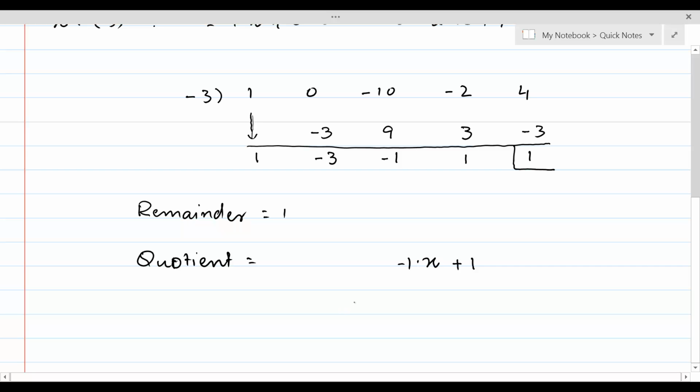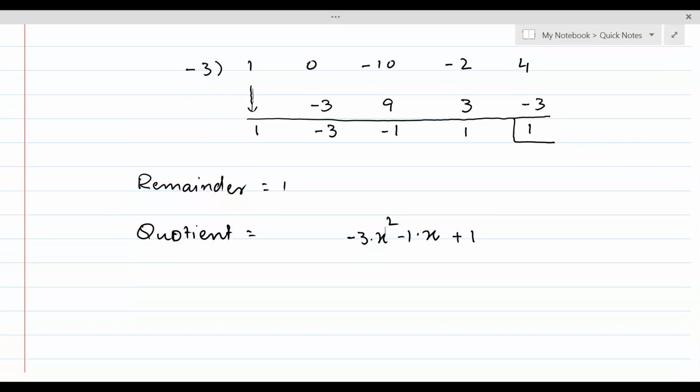And what would be the next term in ascending order? The next term would be x square, which will have minus 3 as coefficient. So this would be minus 3x square, and next term in the ascending order is 1 times x cube.